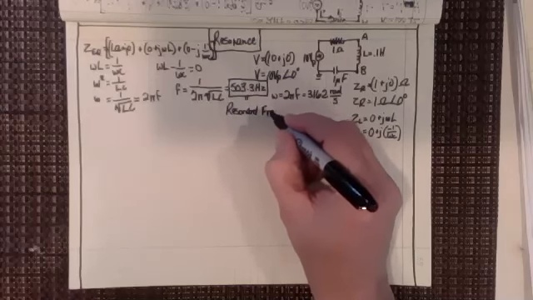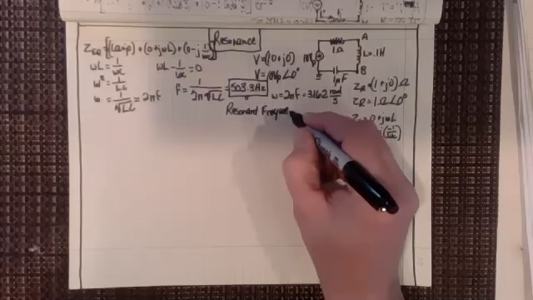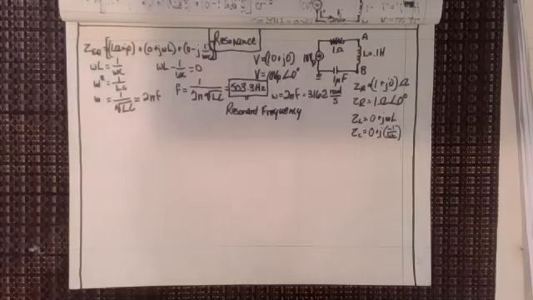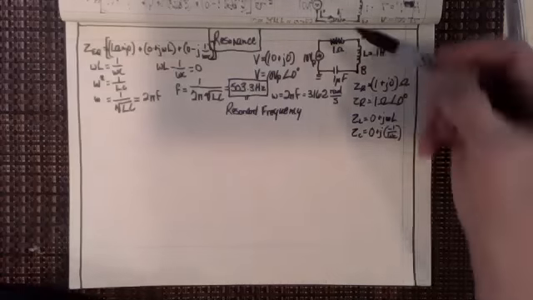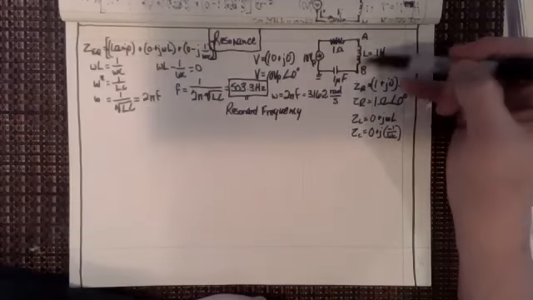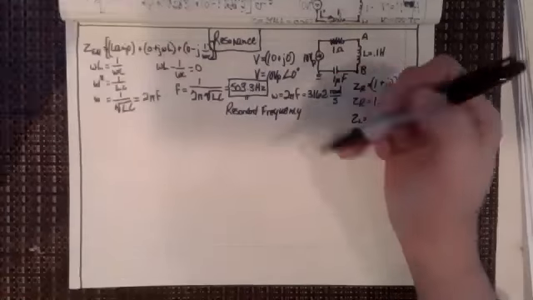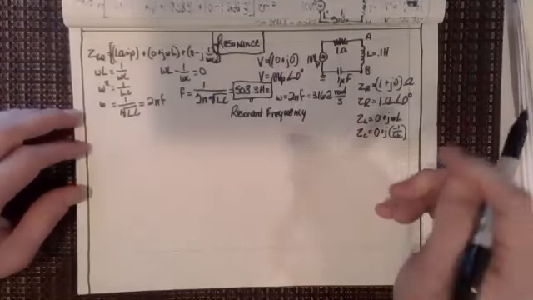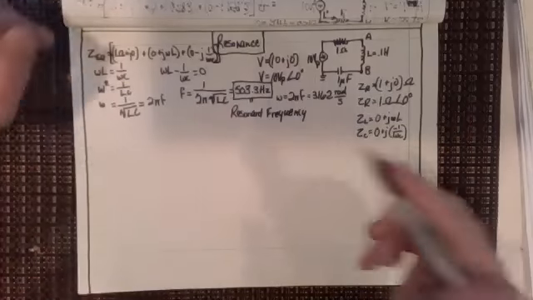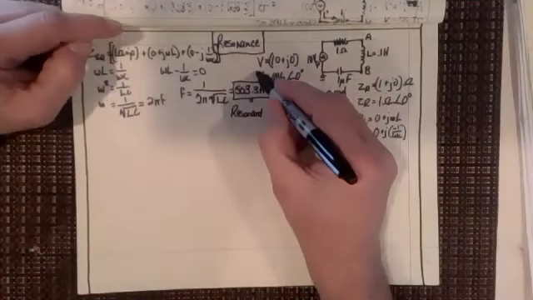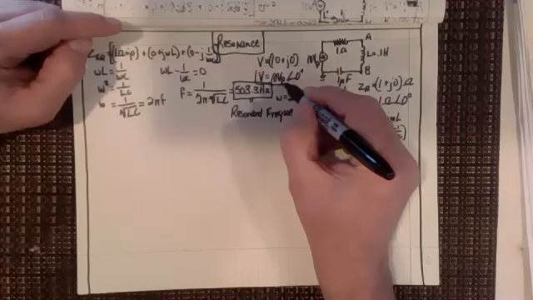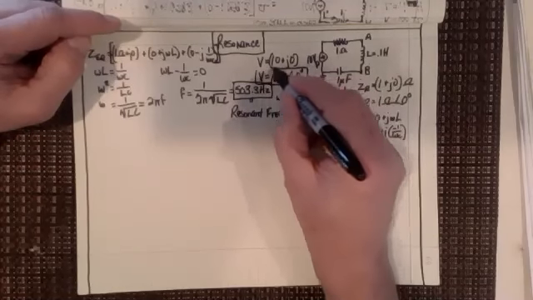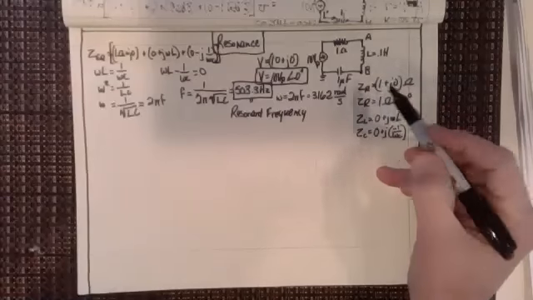The resonant frequency is where the reactance of the capacitor and the reactance of the inductor cancel one another out. So we're at that 503.3 hertz, right? What's happening there? Well, we know what the voltage is, right? We know that the voltage is 10 volts peak at 0 degrees.